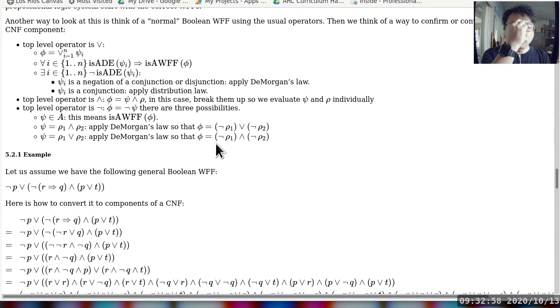So we are basically moving the negation deeper and deeper until we only apply negations to elements of alpha. Obviously, there's also a simplification step where the negation of a negation cancels out. Okay, that part is kind of easy to understand.